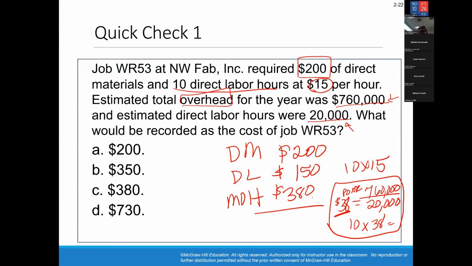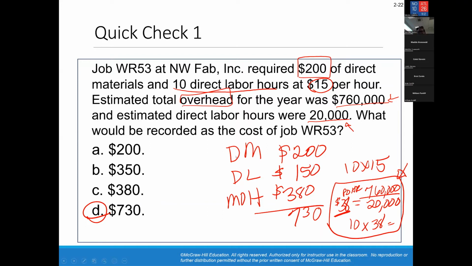It's just a few steps, and it's just a little bit to understand why you're calculating this. And if you can understand that, I think this should be pretty easy to figure out. So now my total is $730. So that's how we figure it out.